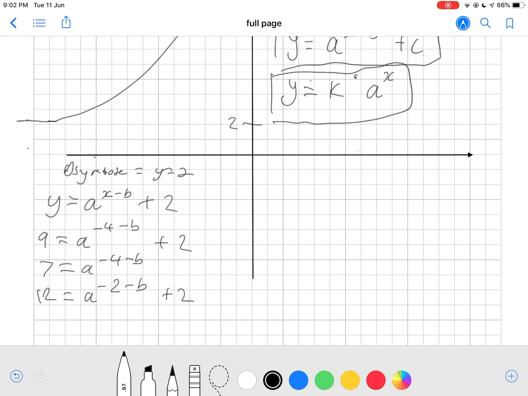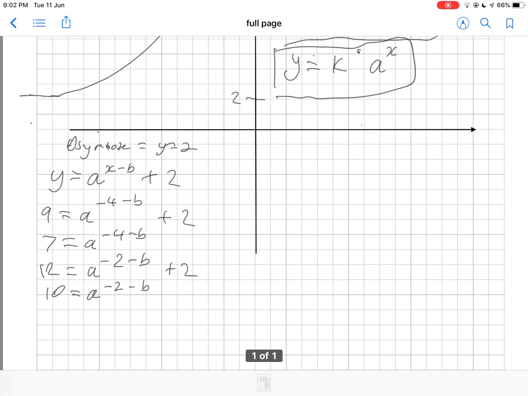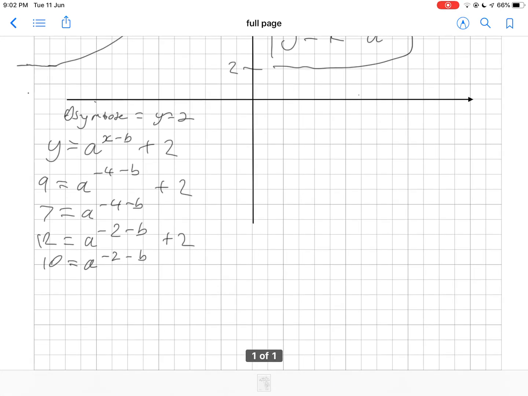We'll move the plus 2 to the other side, we'll say 10 equals a to the power of negative 2 minus b. Alright, so as you can see, it's a bit confusing right now, okay? So we have 2 unknown values and 2 equations, so we're going to be using the log method to find out both a and b values, okay?